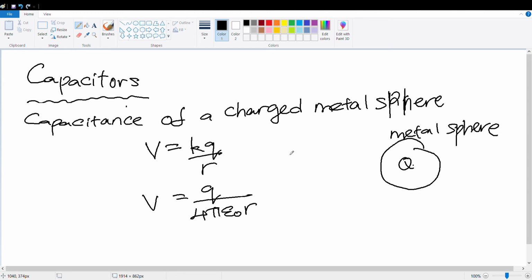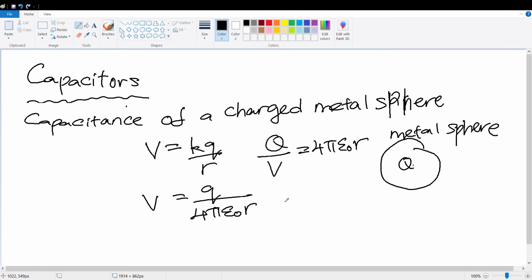If I move this V to the side of Q, what I get is Q over V equals 4 pi epsilon naught R. Since Q over V is the ratio of the electrical charge to the potential difference, this is the formula for capacitance.